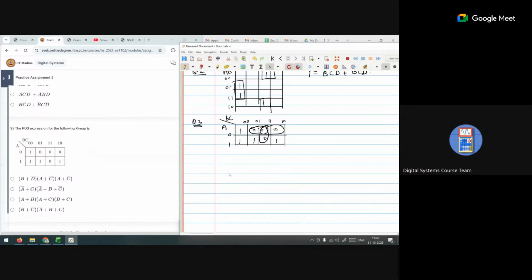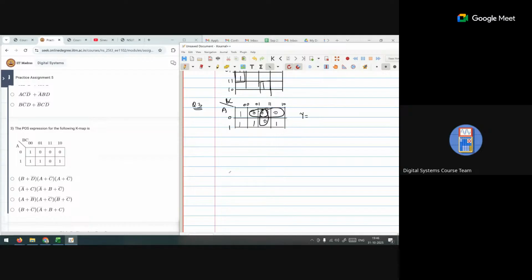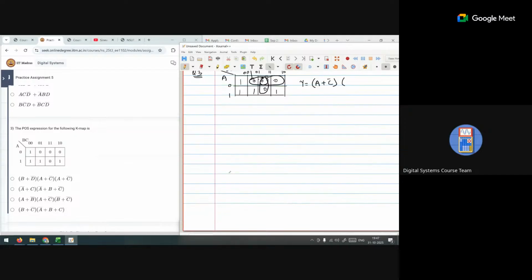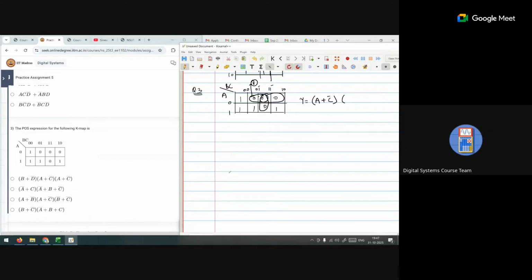Now you can write an equation. I just write an equation for the first term. First term is A is 0 and C is the constant, but the value is 1, so A C bar. You can write the remaining equations.